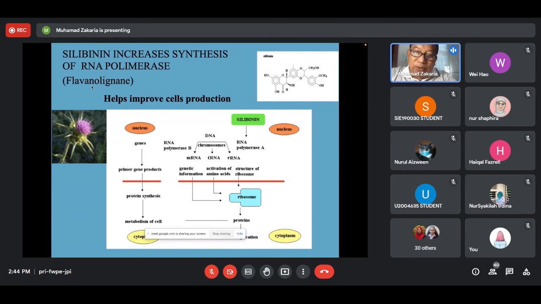But as we get older, the amount of removed cells is retained, so you go into aging. Okay, so if you use some of these flavonoids, for example silibinin, on your tissue, then your tissue gets improved and becomes more firm.